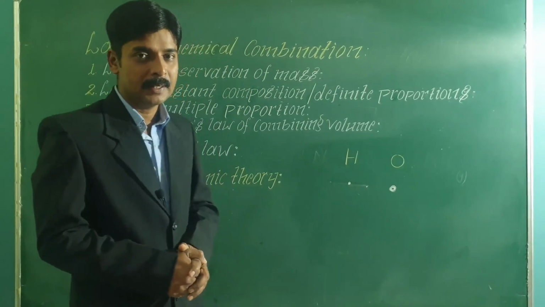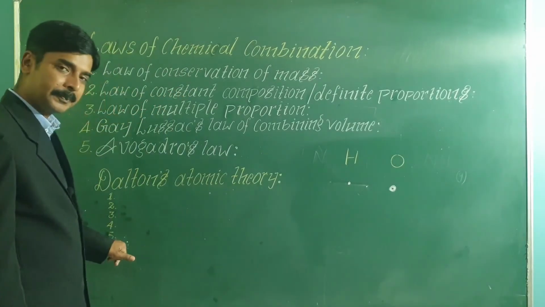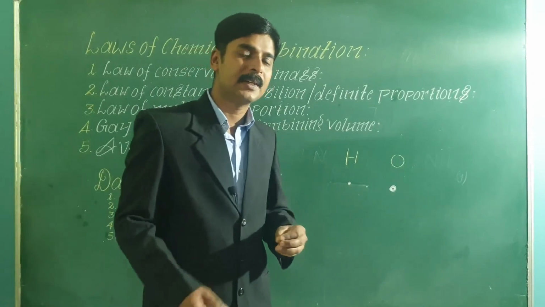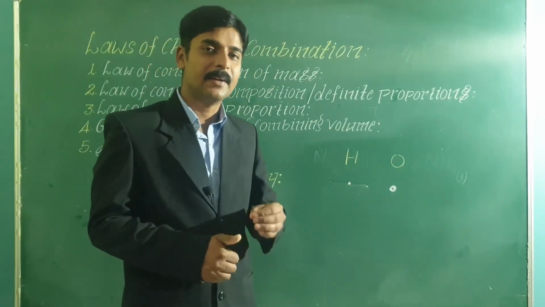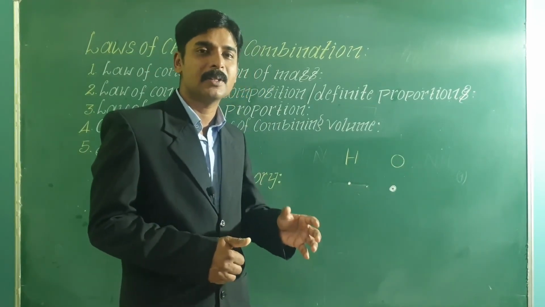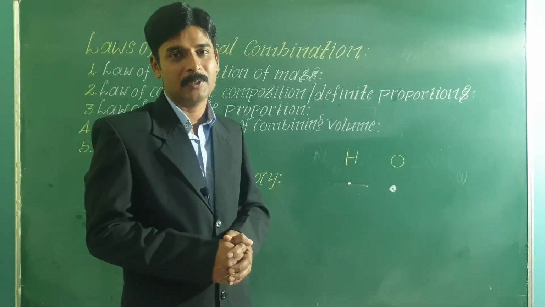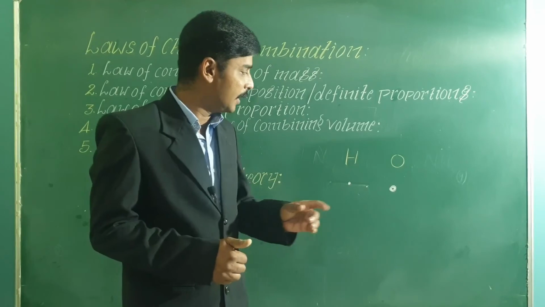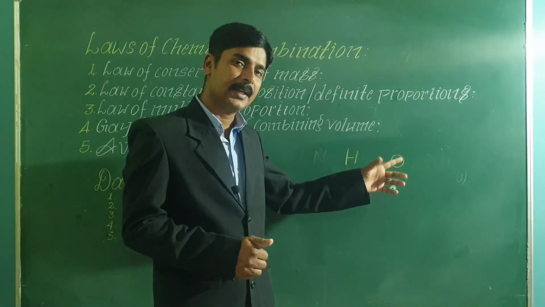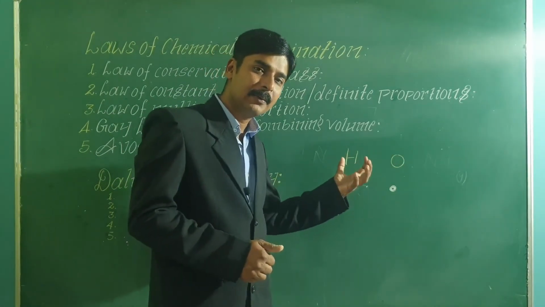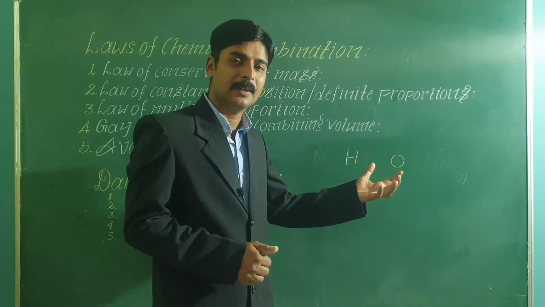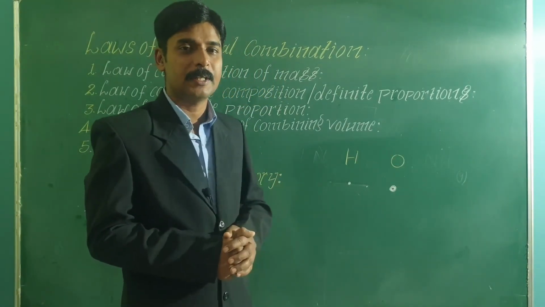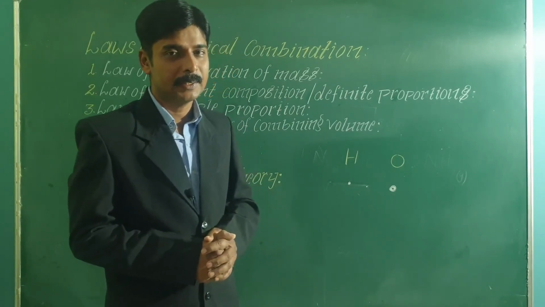Is this clear? The last postulate is, atoms of different elements combine in a definite ratio by mass to form compounds. So the fifth postulate is, atoms of different elements combine in a fixed ratio by mass to form compounds. So these are the 5 postulates of Dalton's atomic theory.